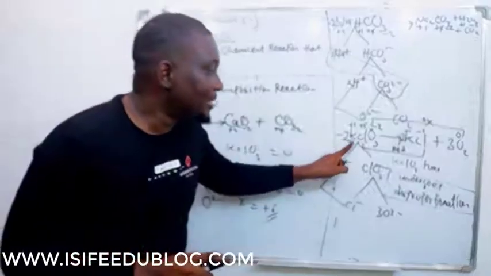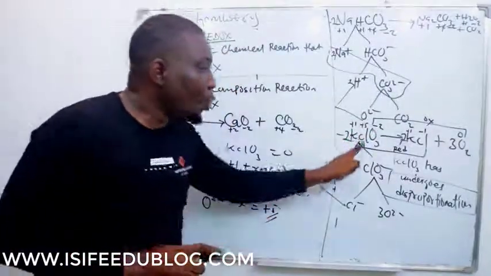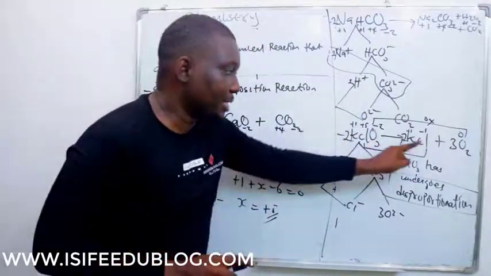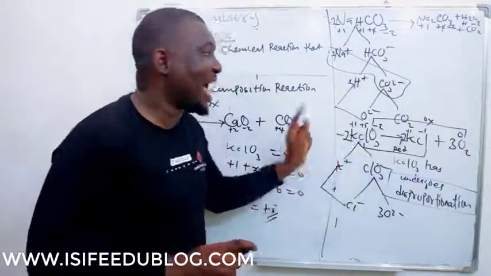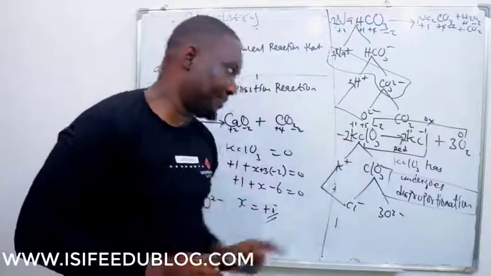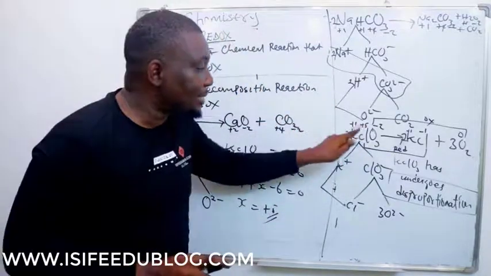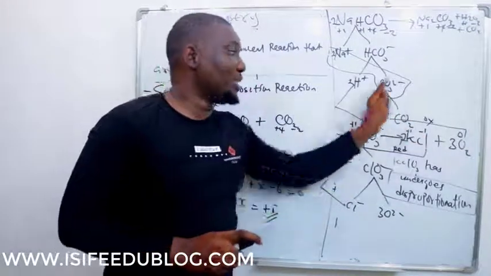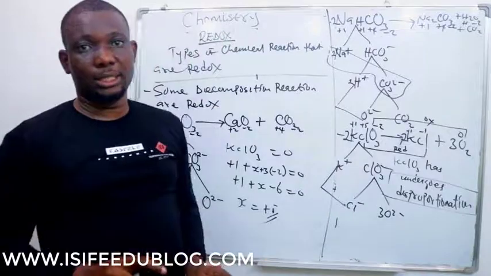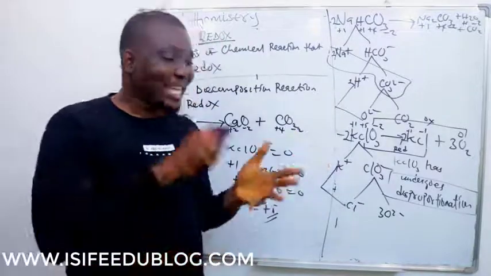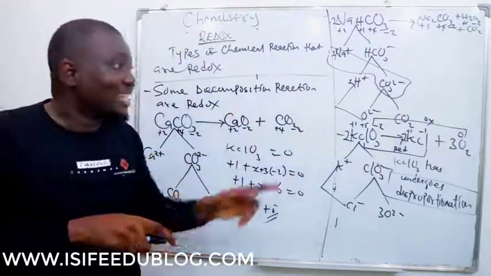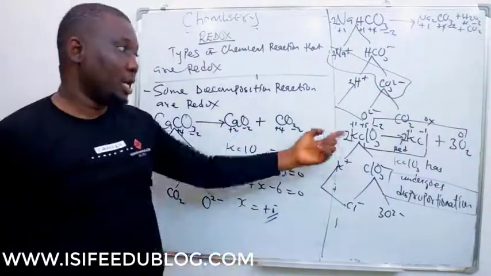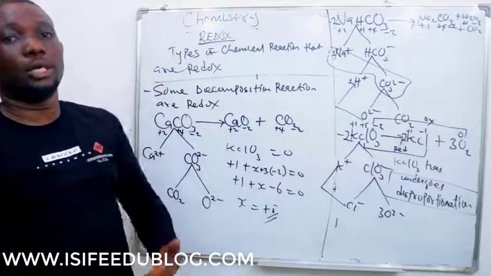In this reaction, chlorine in KClO3 has been reduced, so KClO3 is acting as an oxidizing agent. In this same reaction, oxygen in KClO3 has been oxidized, so it is also acting as a reducing agent. So when a substance acts as both reducing and oxidizing agent, the substance is said to have undergone a disproportionation reaction. So in this reaction, KClO3 undergoes disproportionation.